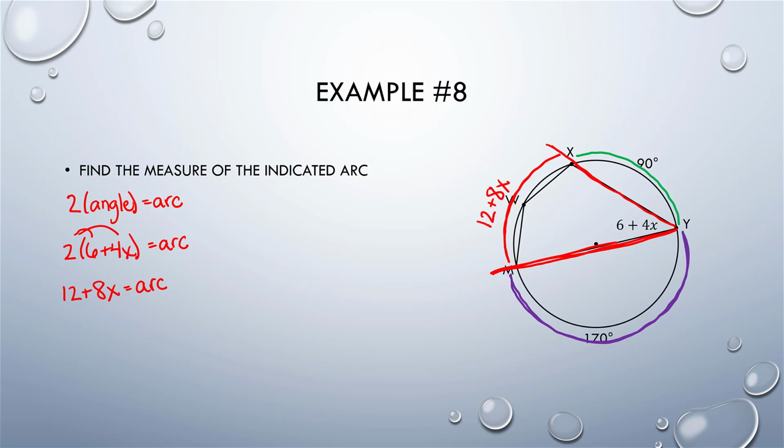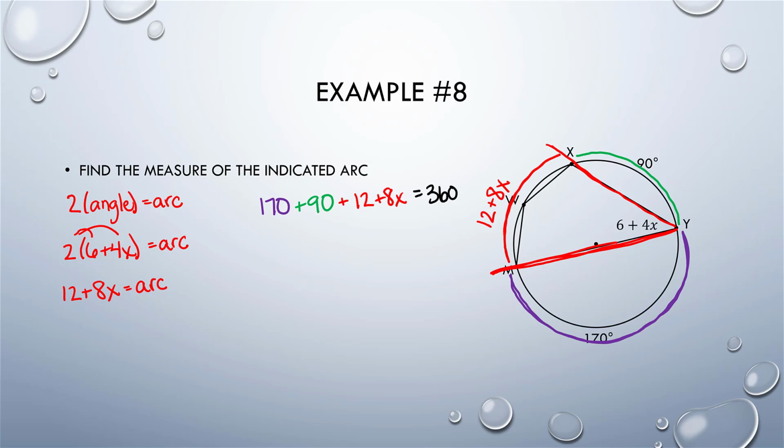So we can take these 3 measurements and add them up to equal 360 because the 3 of them combined, red, green, and purple, make a full circle, which is 360. So 170 plus 90 plus 12 plus 8x, and that equals a full circle of 360.